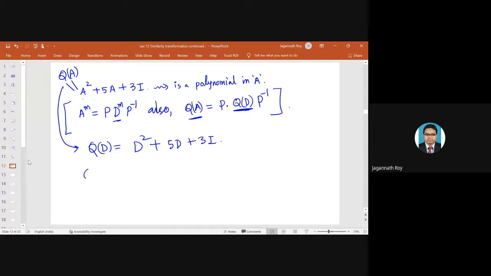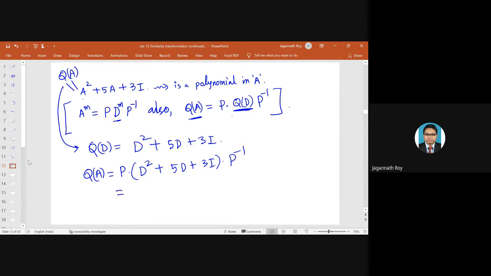Thus, we have Q of A equals P times Q of D, that means P times D square plus 5D plus 3I and then P inverse.